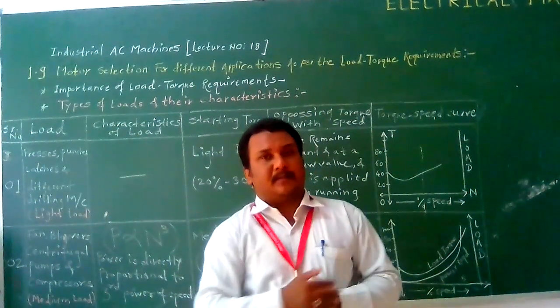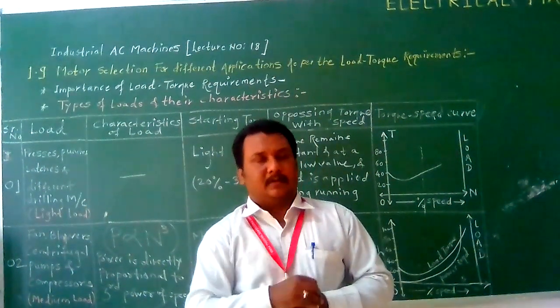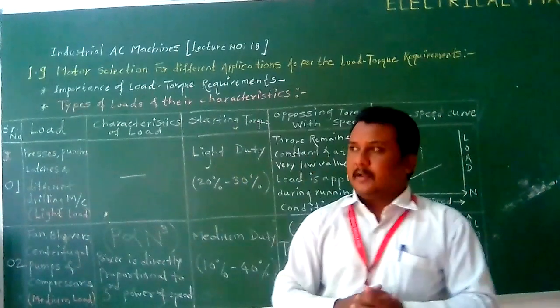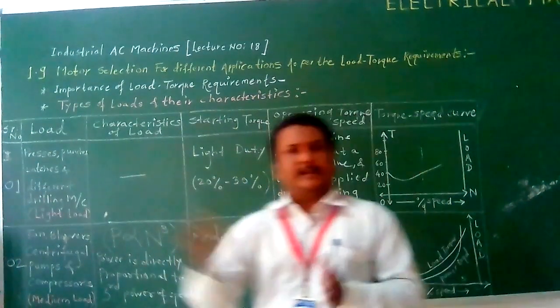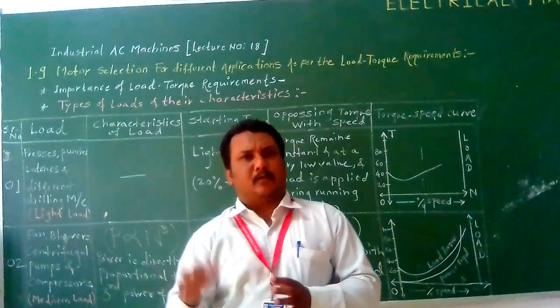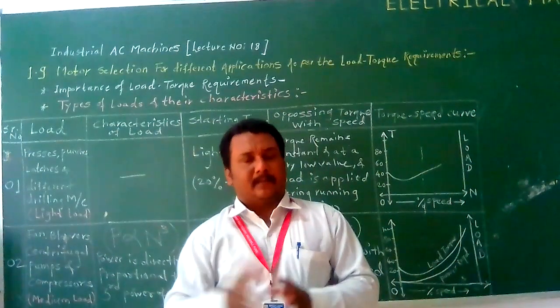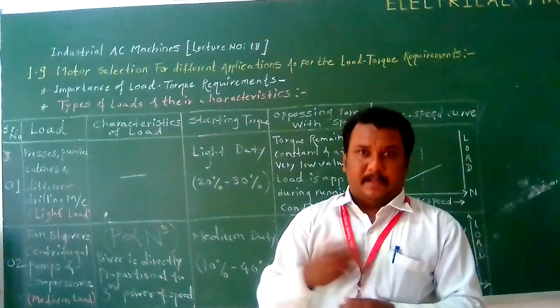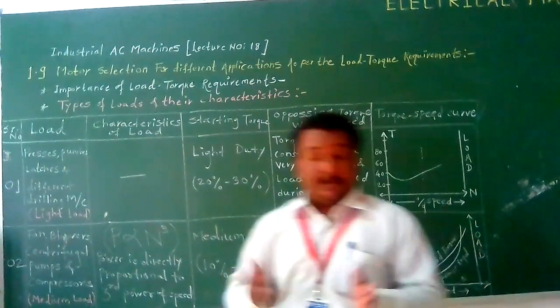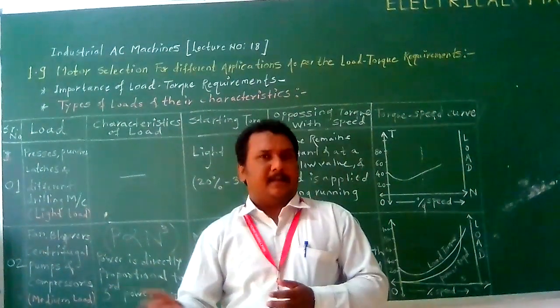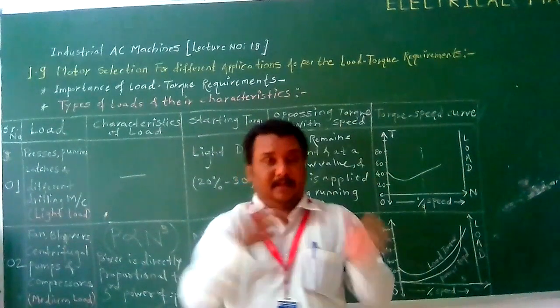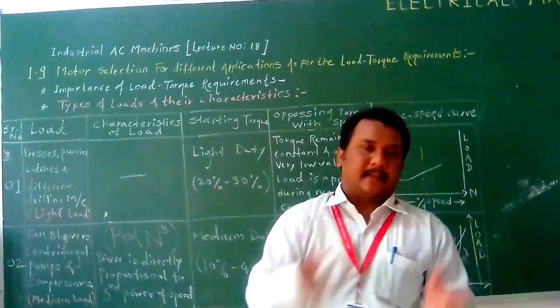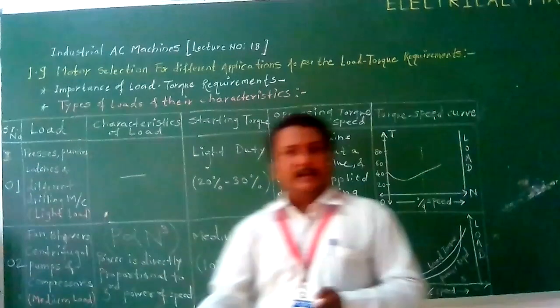This comes in the category of light load. The second is a medium load, up to 40 or maximum 50%. These are medium starting applications. Which application has a medium load and which has a light load, we will see later on.